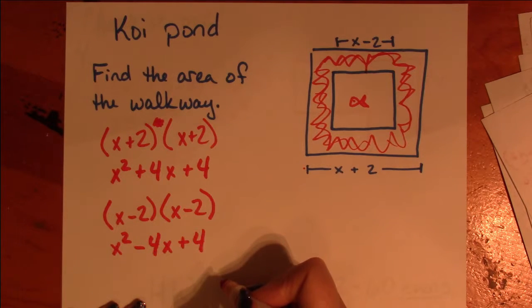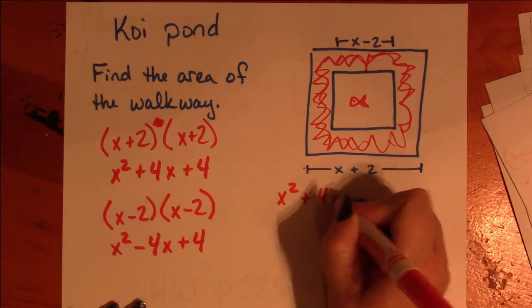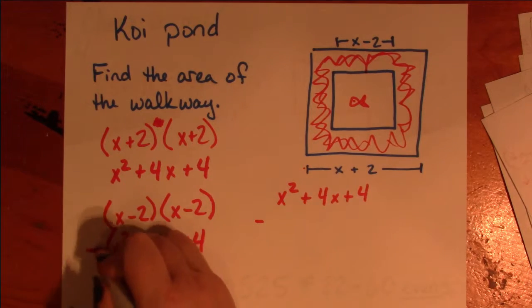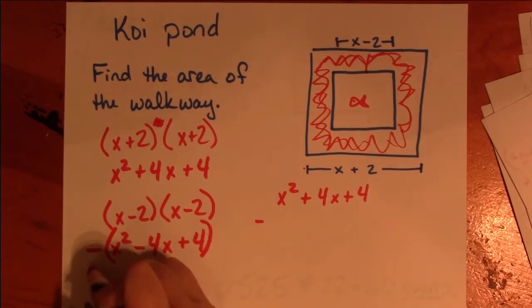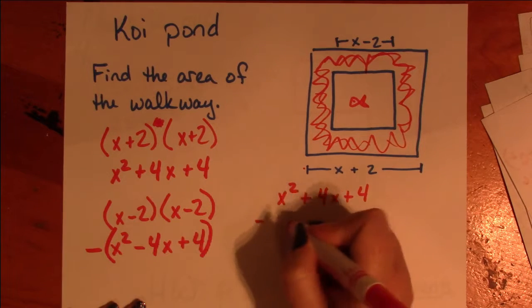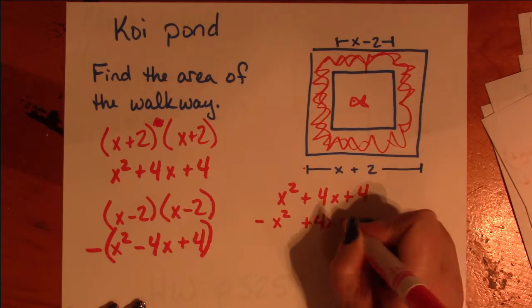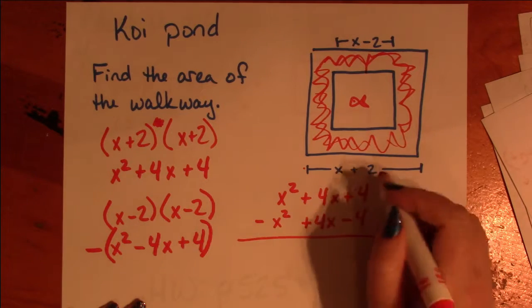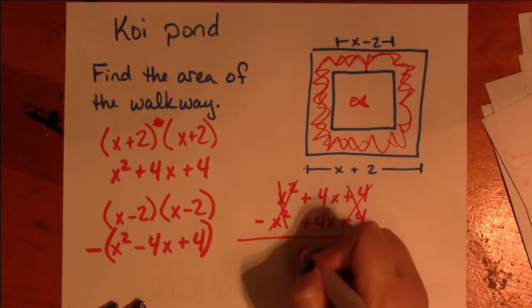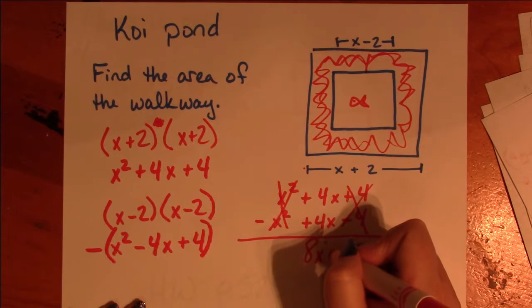And now we're going to subtract the two. x squared plus 4x plus 4 minus this whole thing, which means all of these become negative. Minus x squared plus 4x minus 4. So these cancel out, and these cancel out, and we end up with 8x as our answer.